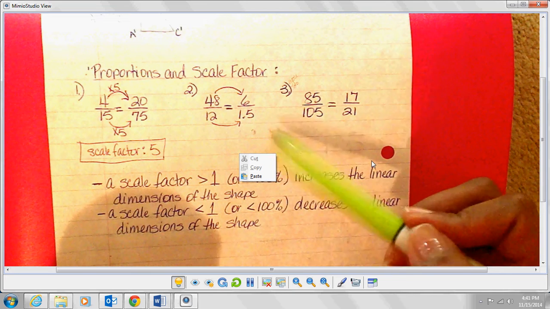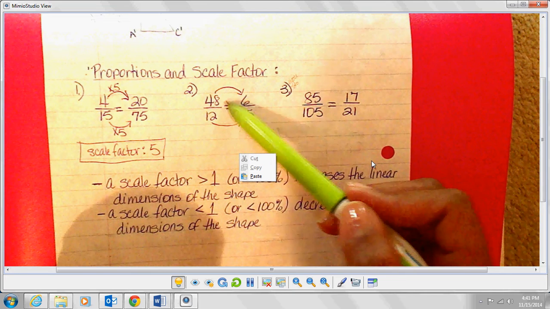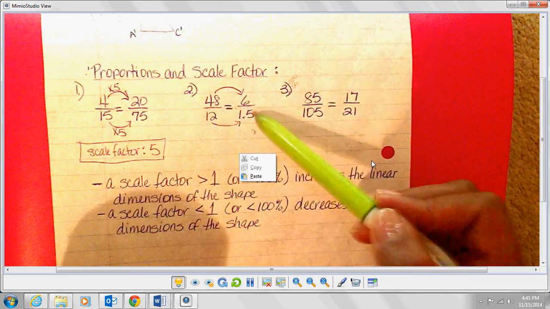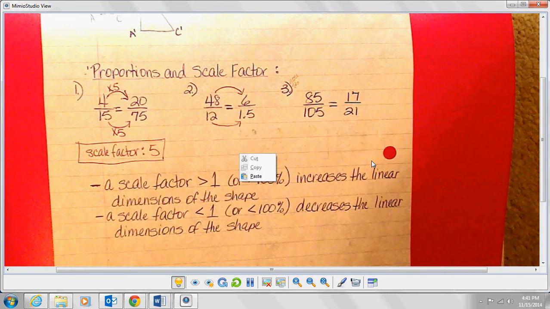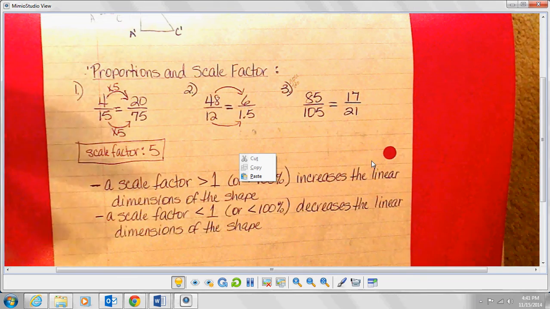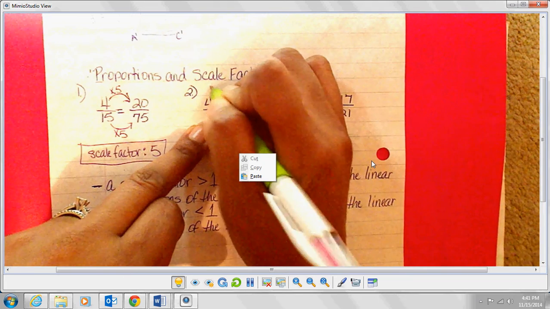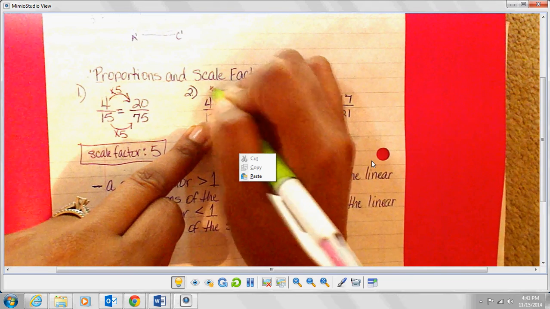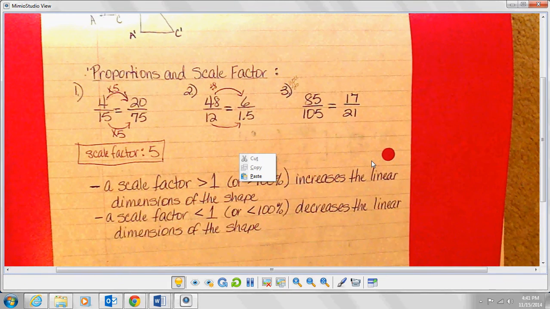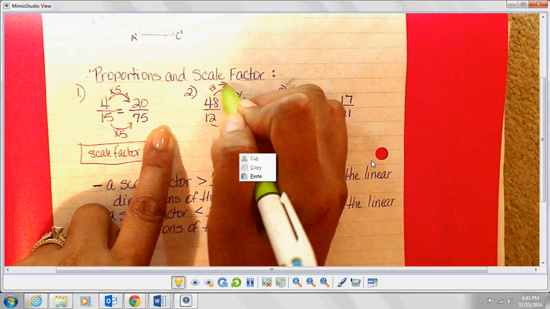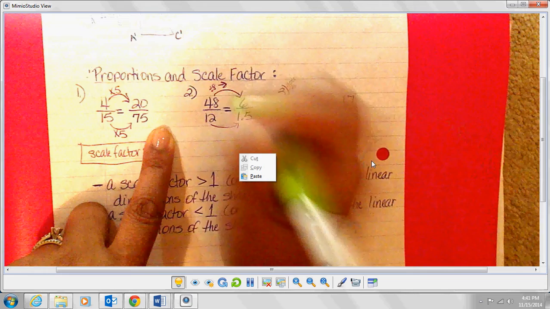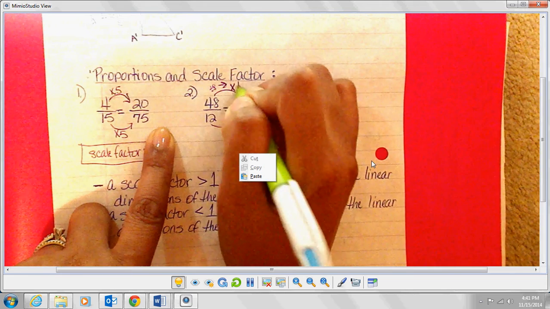So let's start up here at the 48 to the 6. To go from 48 to 6, would we not usually divide by 8? But remember, scale factor cannot be dividing by something. So if I'm dividing by 8, then I'm actually multiplying by 1/8.